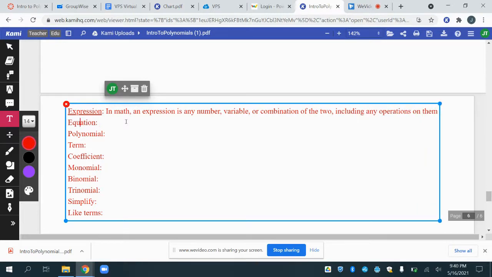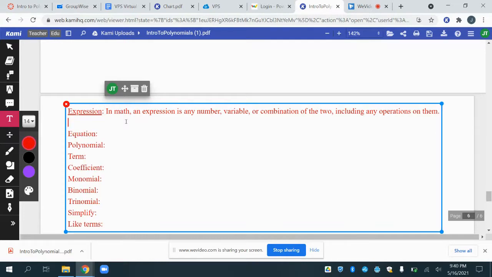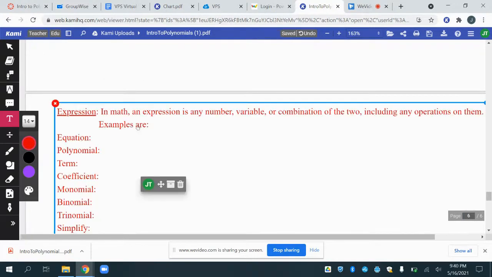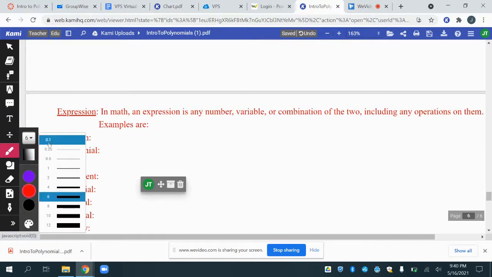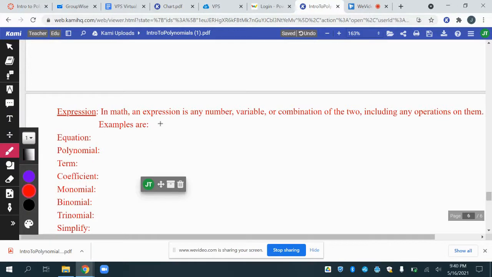So what does that mean? Examples are, I'm going to make this further out too. Okay. Examples are expressions. You could say like 5. That's an expression. Or you could have like 3 times x.